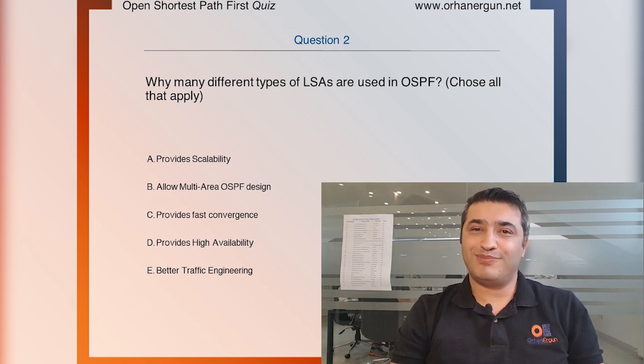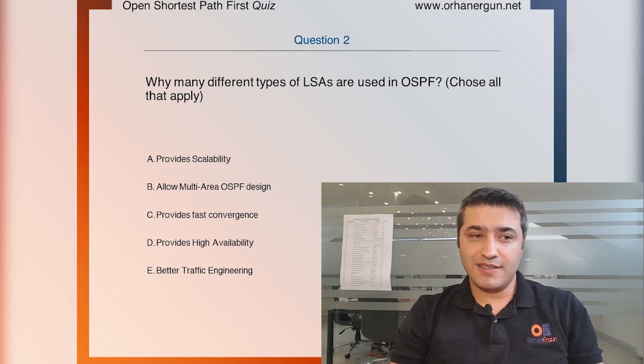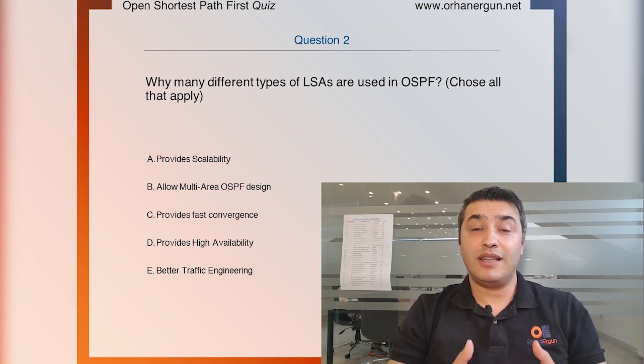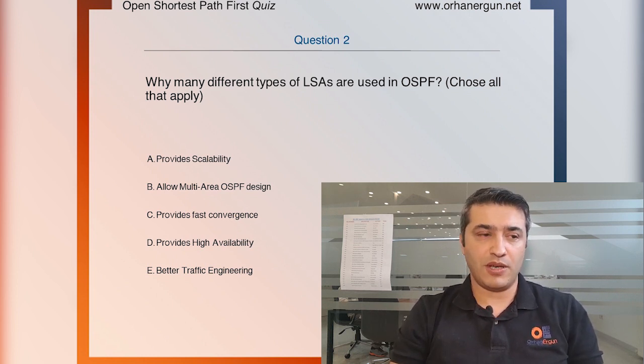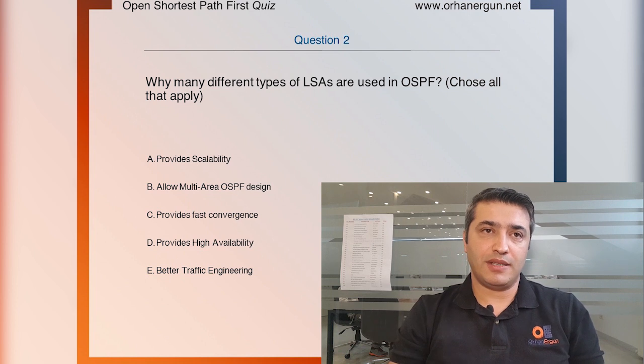Also, nowadays, of course, you are probably following segment routing TE, SR-TE, but RSVP-based traffic engineering, of course, has been around for decades. So here, it's not for traffic engineering. We have 11 types of LSAs in OSPF, as we talked about during the session. We are using them for scalability.